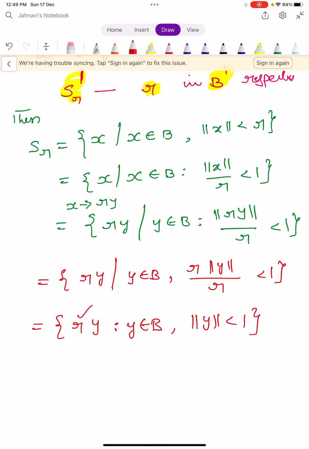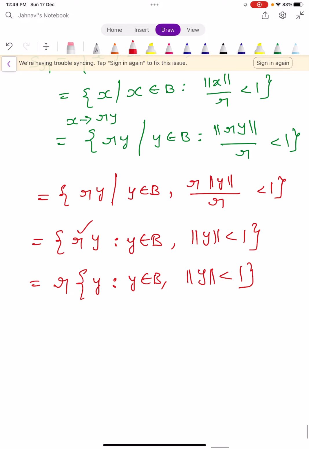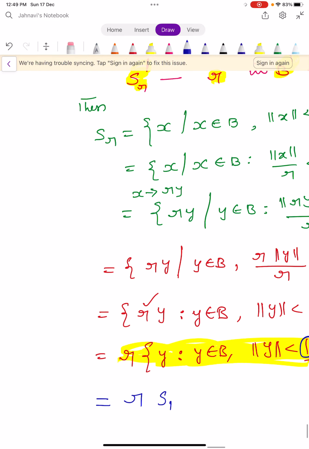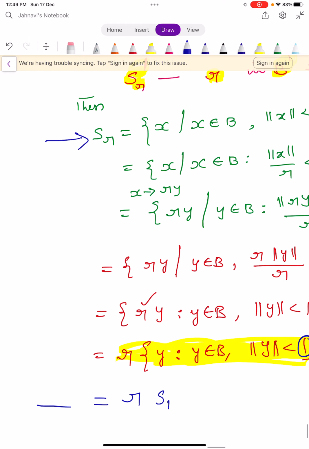So this R is constant. We can write outside of the set small r into Y such that Y belongs to B, norm Y is less than 1. If you understand the set carefully, this is also an open sphere centered at origin with radius 1. What it means? This set is equivalent to small r into S1. So you observe that SR is equivalent to R into S1.